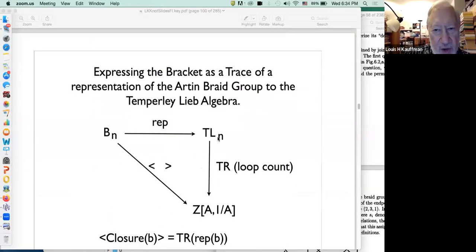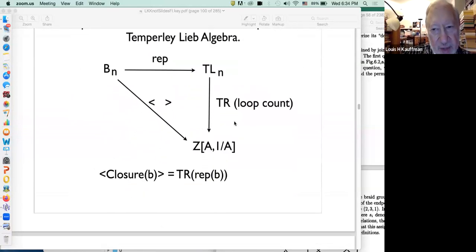So with that in mind, we can go to the Temperley-Lieb algebra, and then we can take what I'll call the trace, which is going to be equal to D to the number of loops in the closure of the diagrammatic element in the Temperley-Lieb algebra. And so we can represent the bracket as the trace of a representation of the Temperley-Lieb algebra.